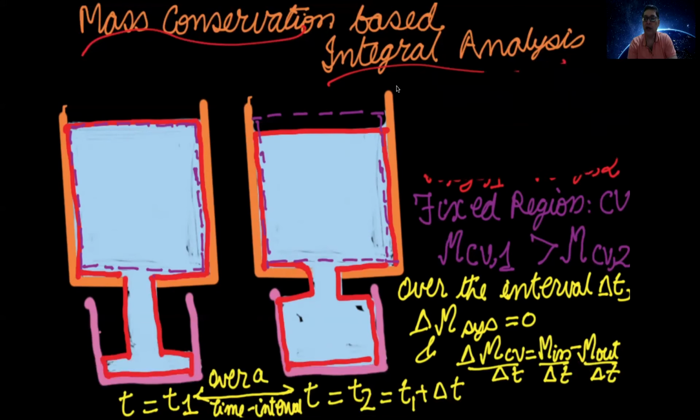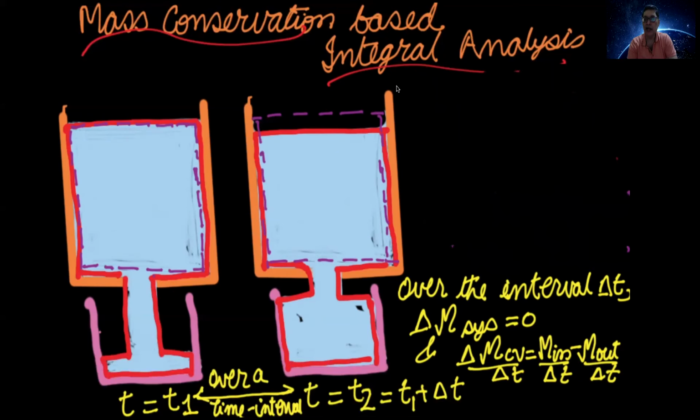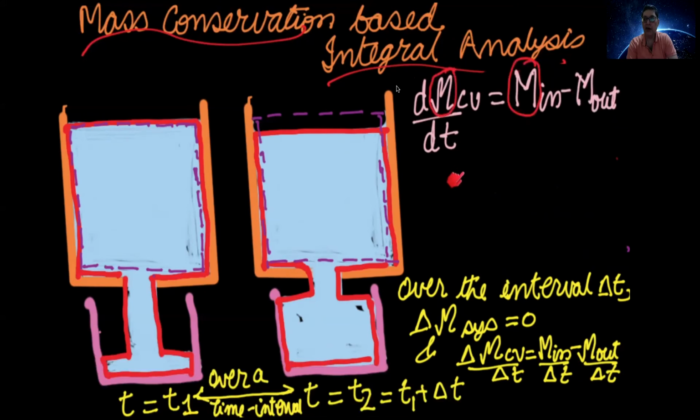So by dividing by delta T and taking the limit delta T tends to 0, you get dm control volume by dt equals the mass flow rate entering minus the mass flow rate leaving the control volume.